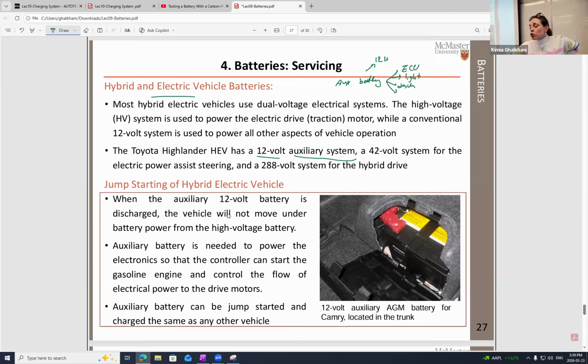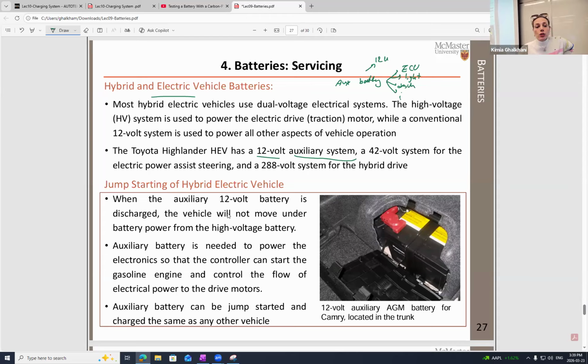Any startup electronics, all of them through aux. Door lock, turn signals, alarm, relay, many of them, as much as I remember right now, are getting power through your auxiliary system or aux battery.